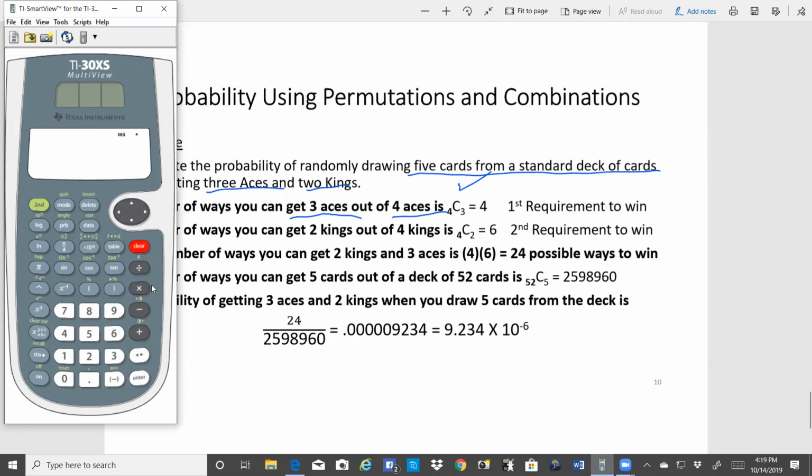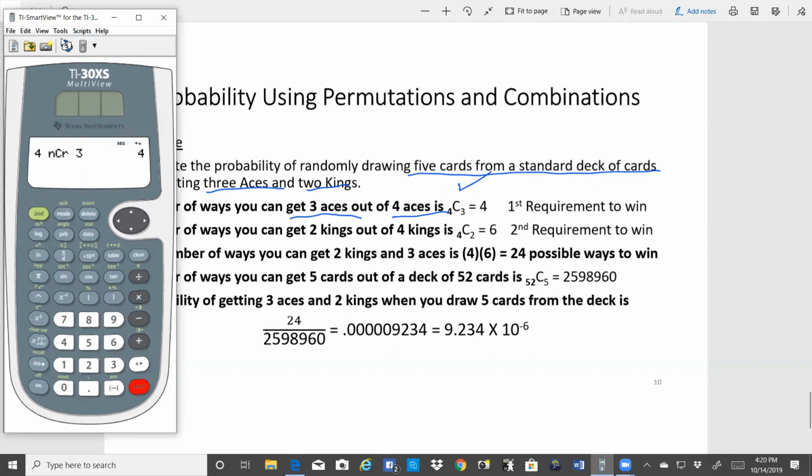I think I hit the wrong one. We're going to put 4, probability. And we're going to do the combination. Okay, that looks better. Be careful and check your work. Doing 3 at a time, and we get 4. So the ways to get 3 aces out of 4 aces is there are 4 possibilities.